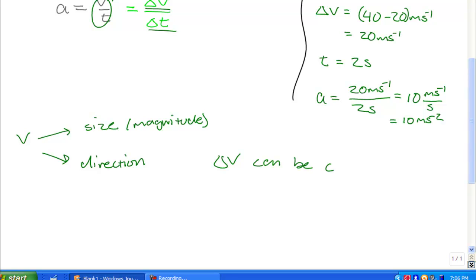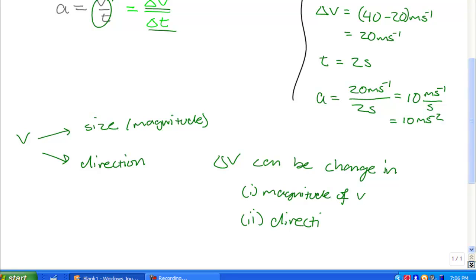So, delta v can be a change in magnitude of v or the direction of v. Alright? So if any one of those changes, then you have an acceleration. If the size changes, then you have an acceleration. And if the direction of v changes, you also have an acceleration.